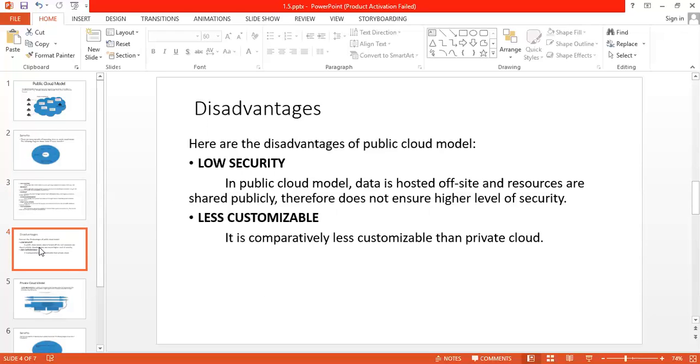One should go for the public cloud if the data is not that important, but if security is a major concern, in public cloud we cannot say 100% security is maintained. In public cloud model, data is hosted offsite and the resources are shared publicly, therefore it does not ensure a high level of security. It is also less customizable, comparatively less customizable than private cloud.